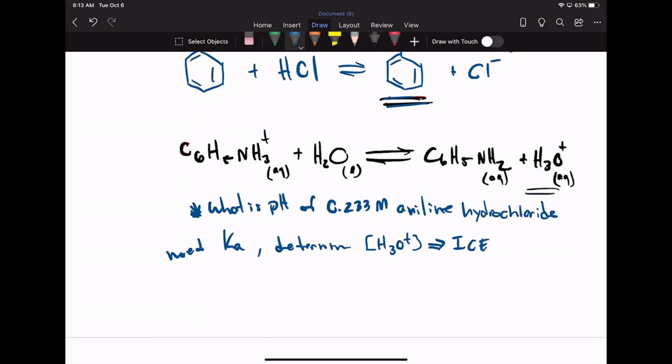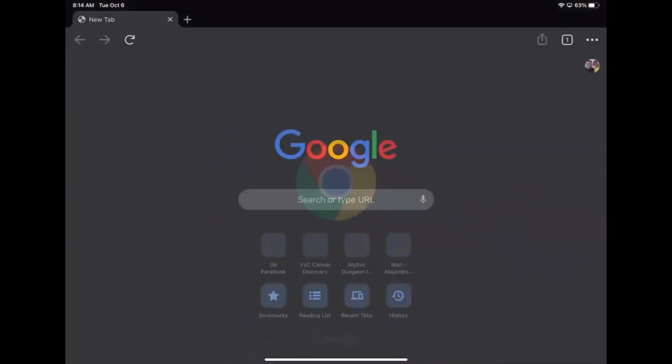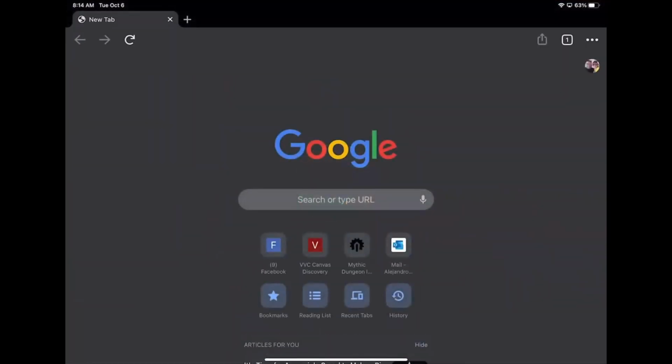So let's see if we can find the Ka. Let's go to Appendix H, and in Appendix H we're going to look for aniline chloride.